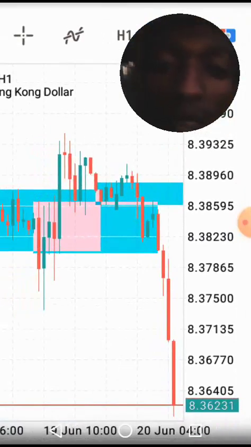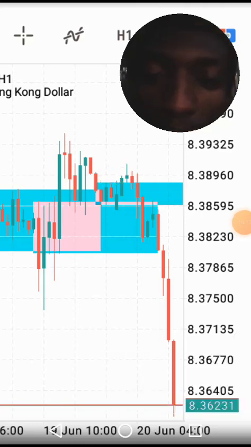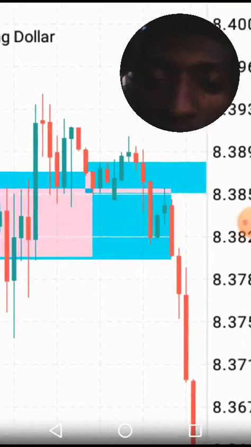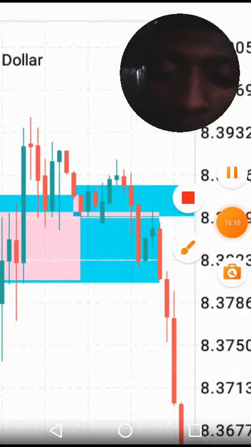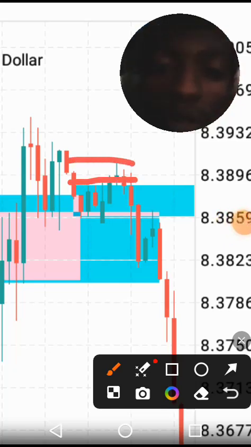When you zoom out, I'm just using my eye, I'm not using a grid or something. When you use a grid, it didn't even approach the halfway, so it seems like it didn't break anything. As you can see, this is the high, and look, it moved a little bit and then never broke it.